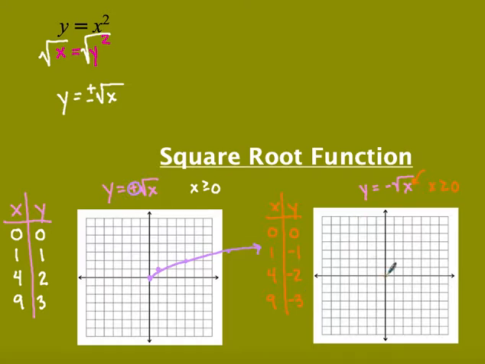So when I plot this on the graph, I would get (0, 0), (1, -1), (4, -2), and (9, -3). I'm getting that slight curve again, but I'm getting the negative version of it. If I put these onto the same graph, what I get is that inverted parabola from y equals x squared.